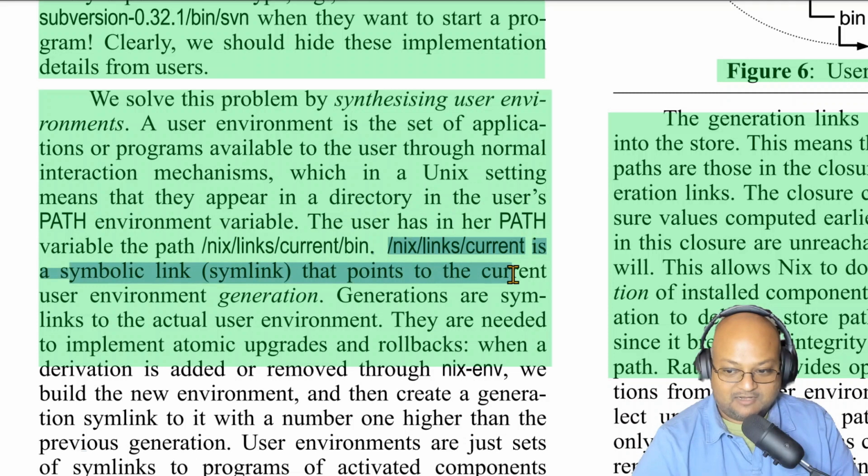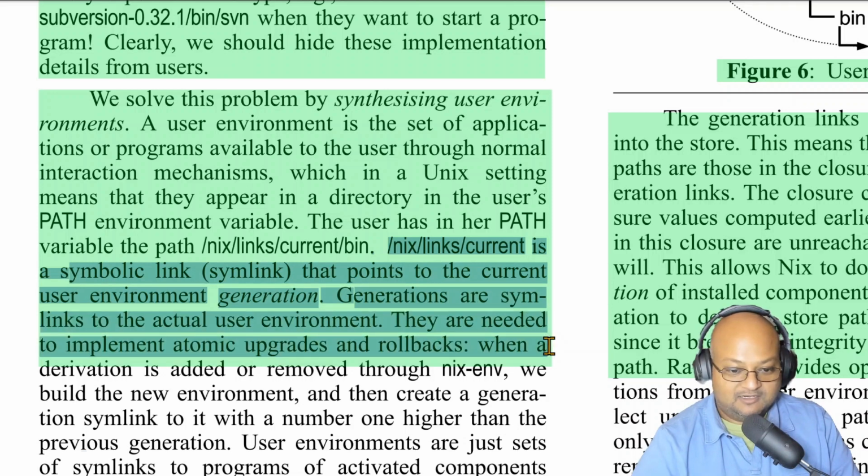Now note that once you define your user environment to simply be a collection of symlinks into the Nix store, you can also very simply leverage that same mechanism to define versions or generations of your user environment.